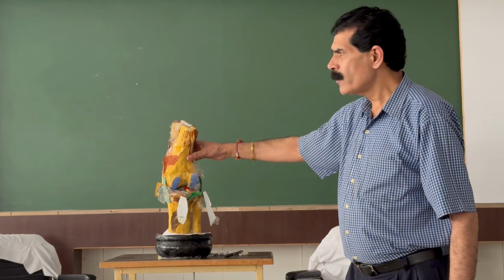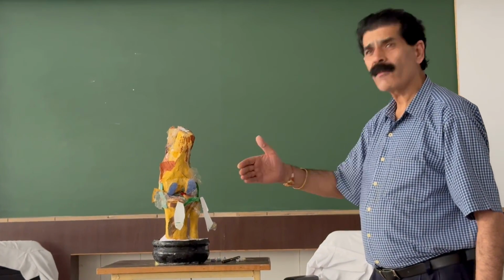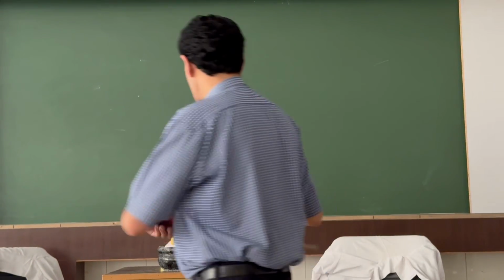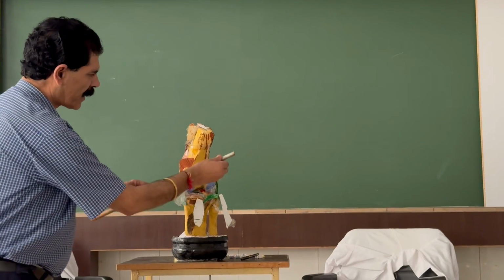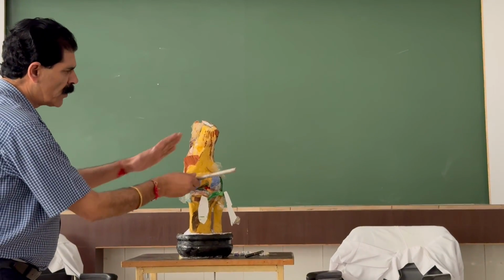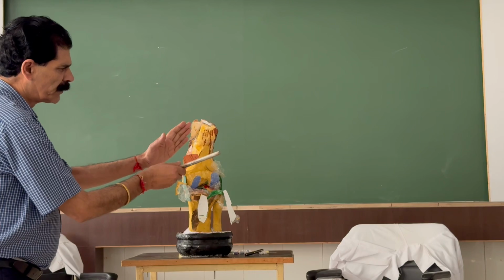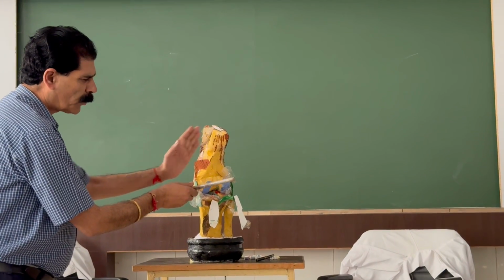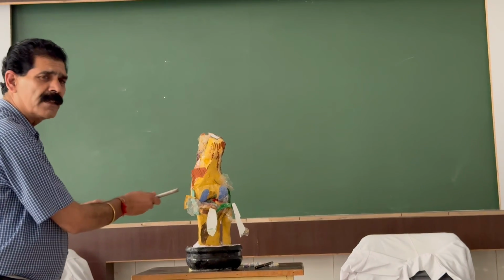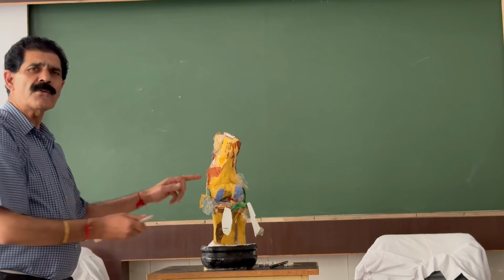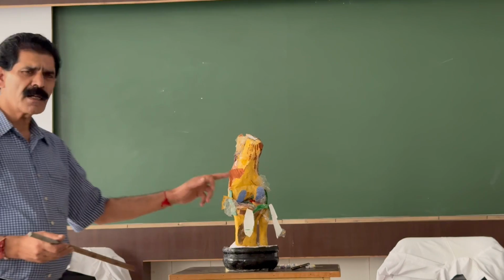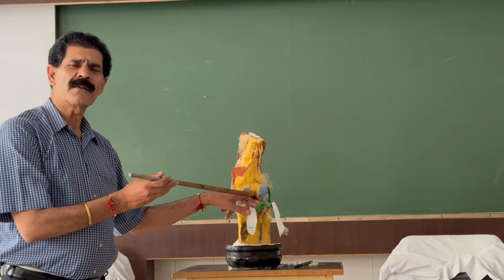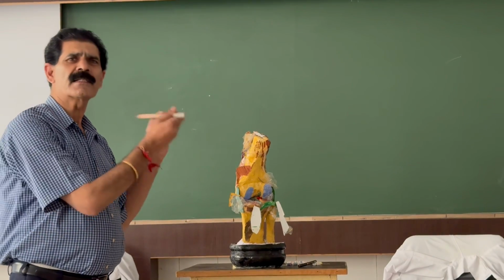So whenever the femur will try to go for backward dislocation, this anterior cruciate ligament, as its direction is from the anterior to the posterior side, will pull it. If the femur tries to dislocate on the tibia posteriorly, it will pull the femur anteriorly. So the anterior cruciate ligament prevents the posterior dislocation of the knee joint, and the posterior cruciate ligament prevents the anterior dislocation of the joint.